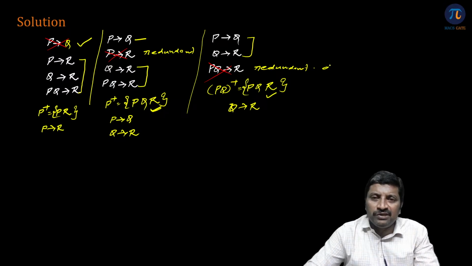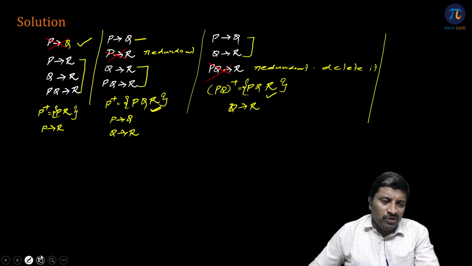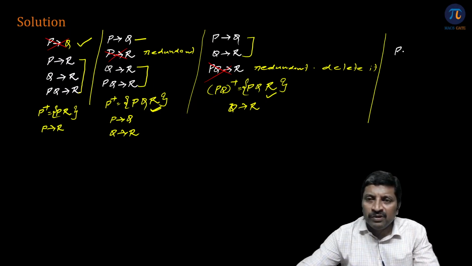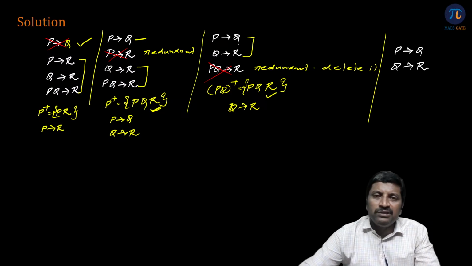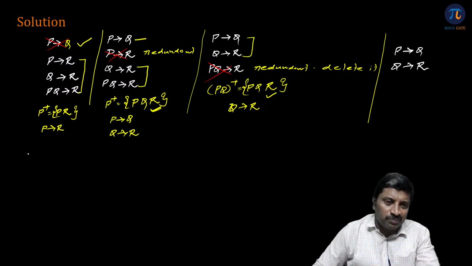Whenever it is redundant, delete it. Then what else do you have, sir? You have only 2 more functional dependencies: P goes to Q, Q goes to R. These are the outputs of the second step.